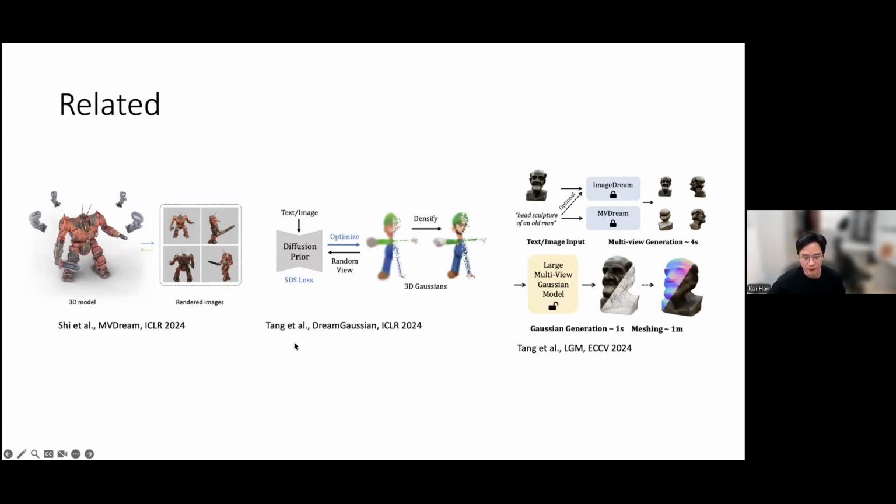There are some works trying to obtain the 3D or 4D Gaussians by doing optimization using the diffusion prior, most of the time the 2D diffusion prior, stable diffusion, or other alternatives. Or we have LGM type of work, which tries to mimic the language models and predict the 3D in a language model fashion.